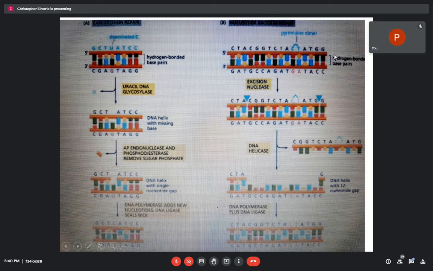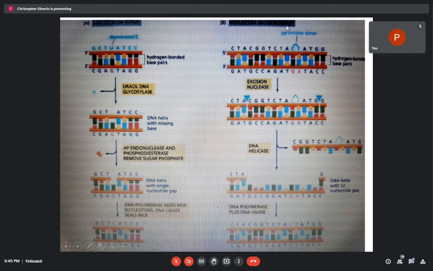So this is now how it is being repaired. This is now the dimer.